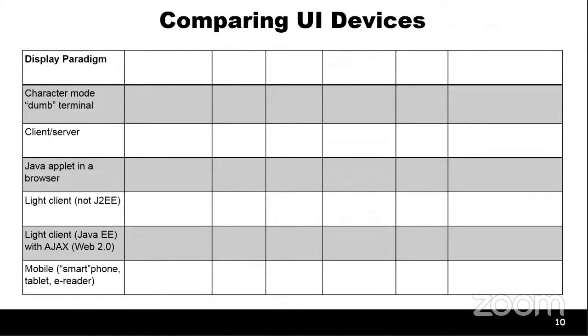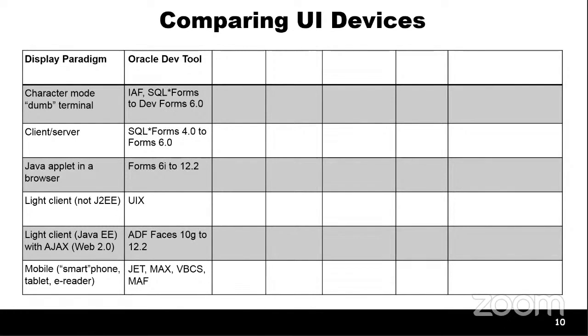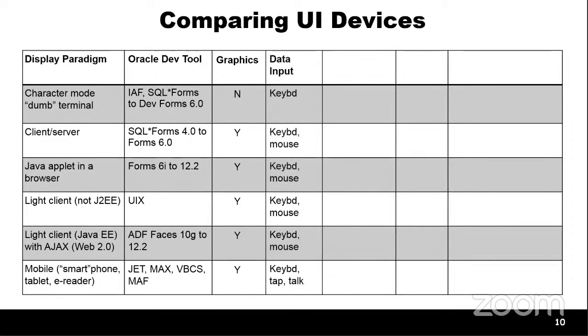When I did that study, I figured out we have to compare these technologies on the left that we just looked at in the Oracle tools in different categories. So we know the display paradigms for each of these, and then we can look at the Oracle development tools that were used, which I just went through, and then if they used graphics, which started out no, and now it's been yes for a while.